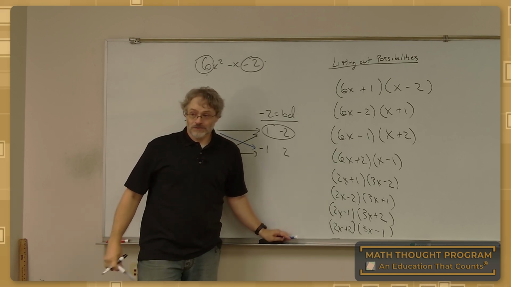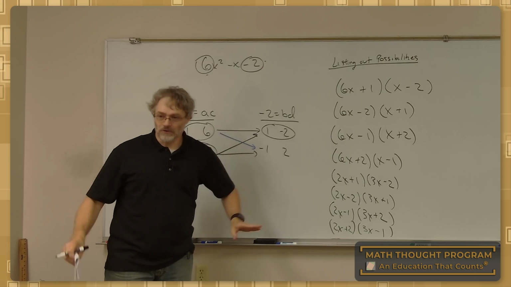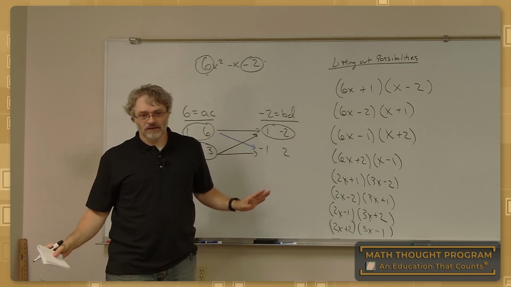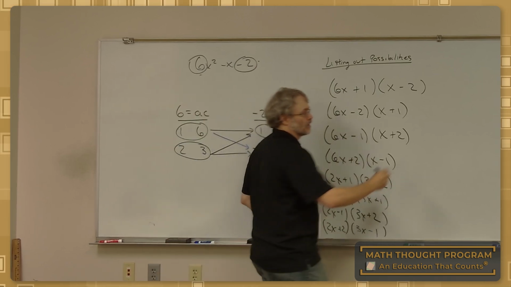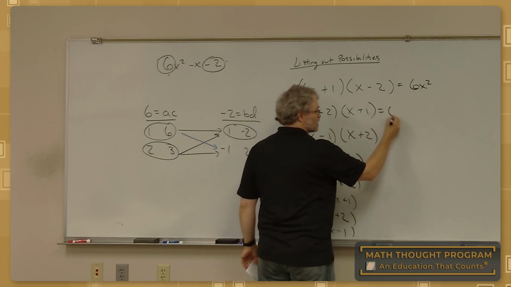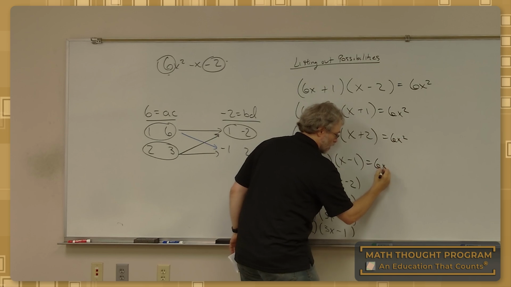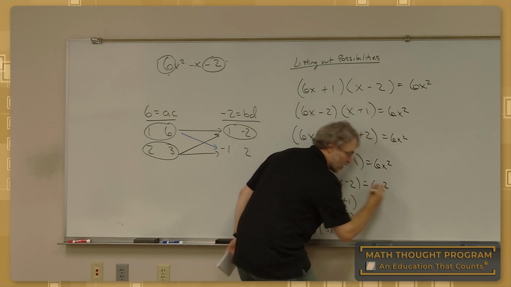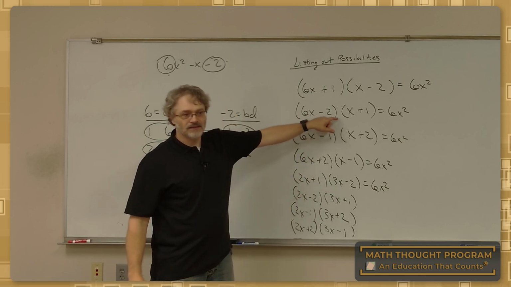Now, here's where the brute force comes into play. I know, beyond a shadow of a doubt, that whenever I start expanding this out, my first term is going to be 6x squared. Every single one of these, I know it's always going to be this. How do I know that? That's how I'm making these.